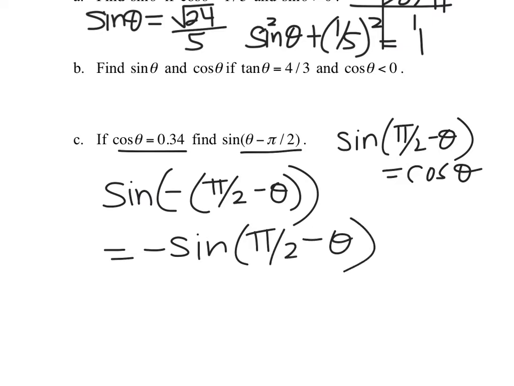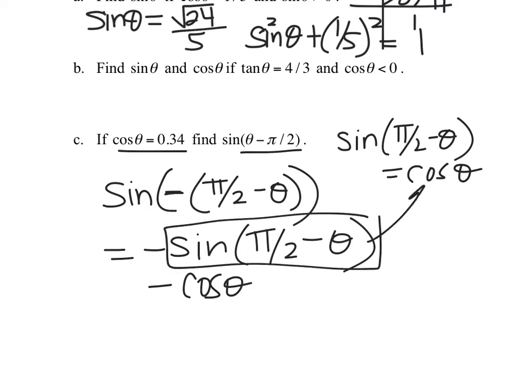I just used 2 of our identities. No, I've only used 1 so far. All I did was I put a negative in front, switched those 2. Then, because sine is an odd function, I pull the negative outside of it. And now this is negative cosine, because this right here says that that's equal to cosine.